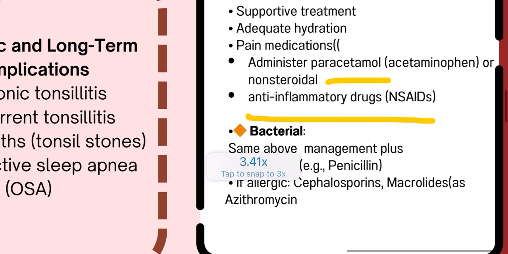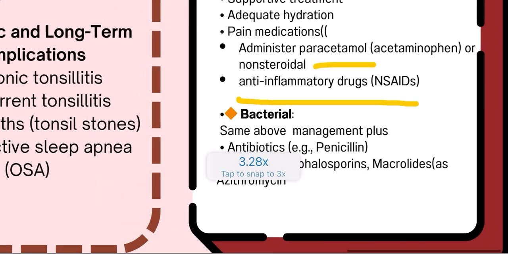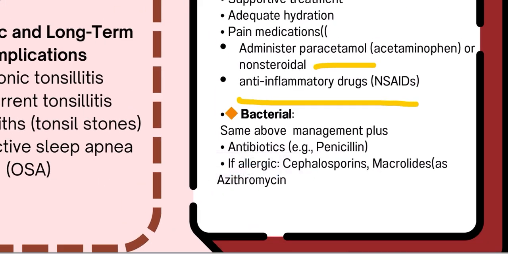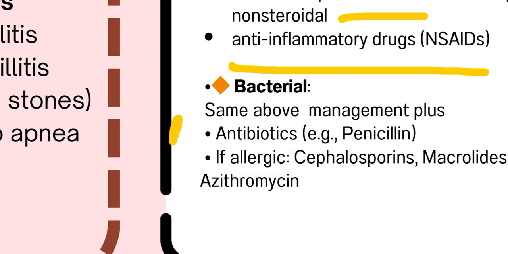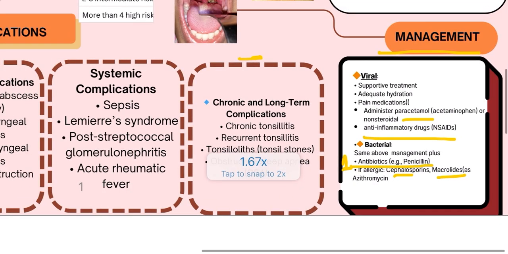In bacterial tonsillitis, in addition to the above supportive treatment, we have to start antibiotics. The first-line antibiotic is penicillin. If the patient is allergic to penicillin, we choose either a cephalosporin or a macrolide such as azithromycin or clarithromycin.